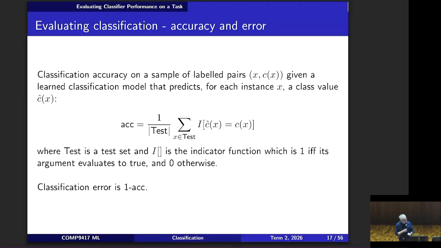The setting is not the same as regression, but it's very similar. So we have labeled data: X, which could be a vector or a single value, and then C of X. This is our framework where there's some data generating mechanism, as we said last time.